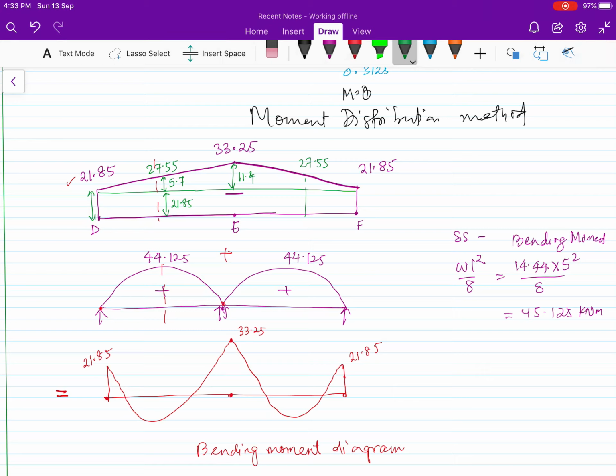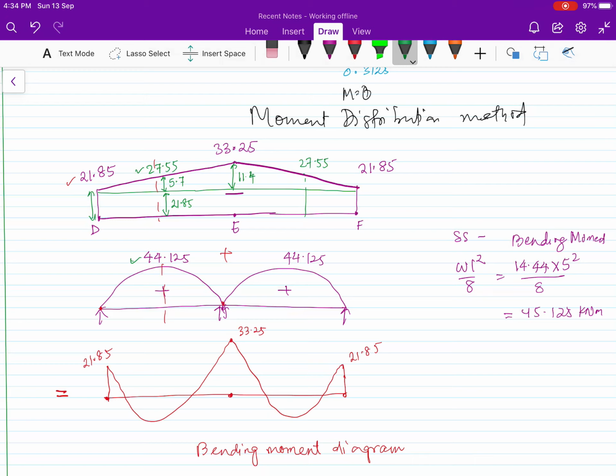So 5.7 plus 21.85. So at this center you have 44.125 plus, this is minus 27.55.